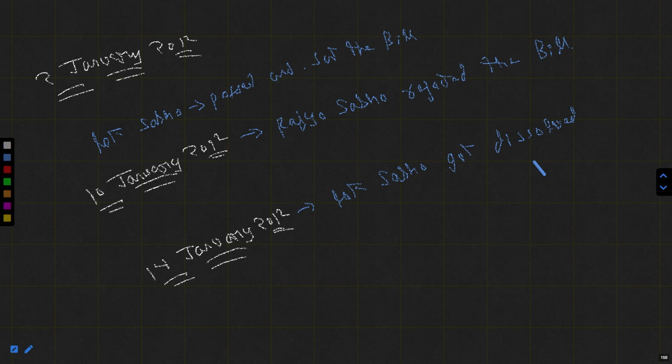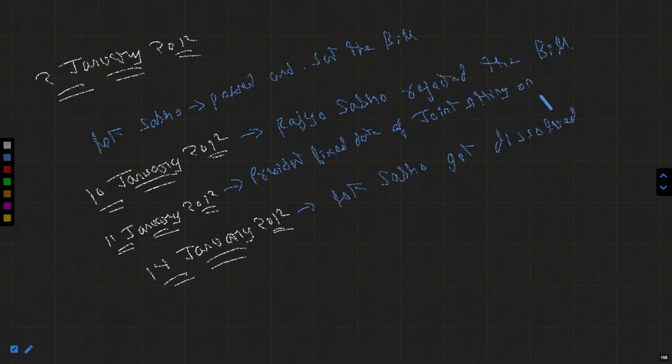Got it? Second thing, but here is a case. Suppose before the 14th January, just take an example of 11th January 2012, the president fixed the date of the joint sitting on 21st January.